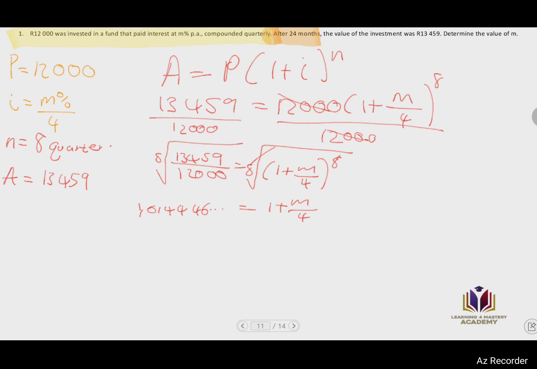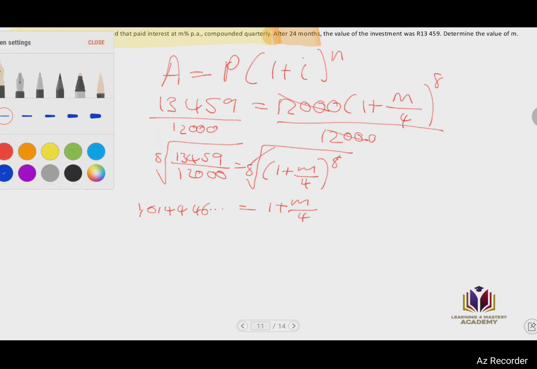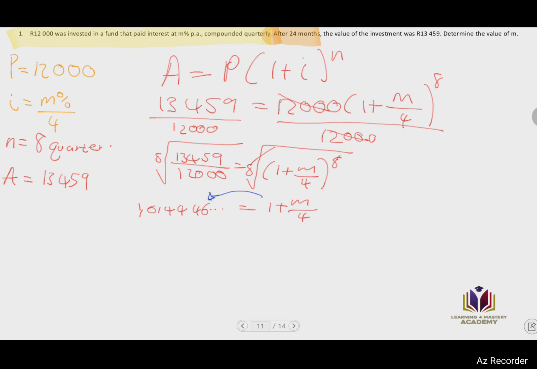I don't erase it. Then I'm going to transpose the 1 to the other side. When I subtract 1, I'm going to be left with 0.014446 equals m over 4. Then I go to my calculator as well. The answer I have, the 1.014446, I just subtract 1. It's going to give me exactly what I got here, 0.014446.